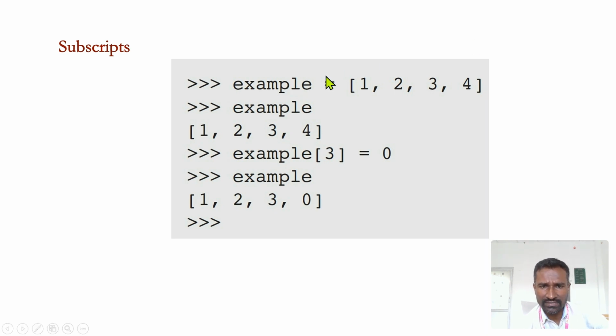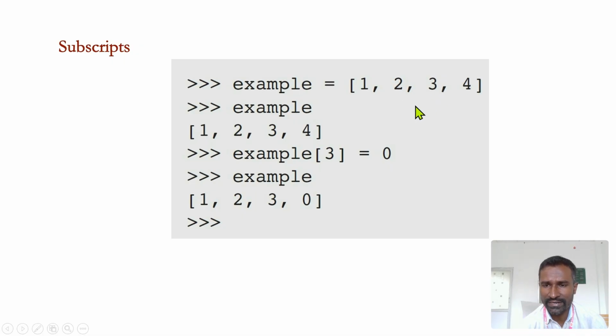For example, the list is named example, 1 2 3 4. I can replace the index value. For example, example of 3 is equal to 0. So I'm replacing the index 3 value with 0.